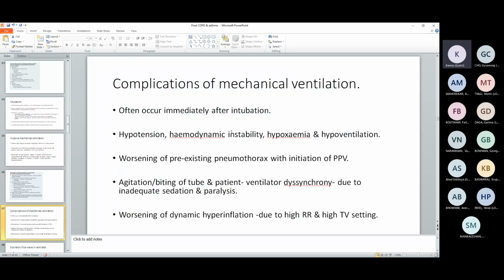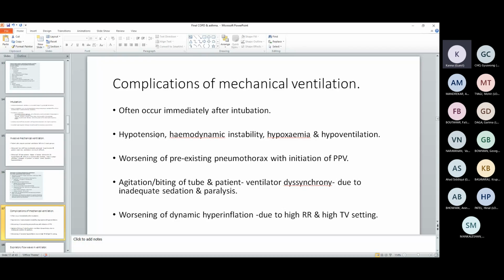There are potential complications that can occur with mechanical ventilation. They can develop immediately after intubation or even later. Such as hypotension, which may be due to the induction drugs used for the intubation, or may be secondary to hyperinflation of the chest and auto-PEEP, which will reduce the venous return to the right heart, so the cardiac output will be less.